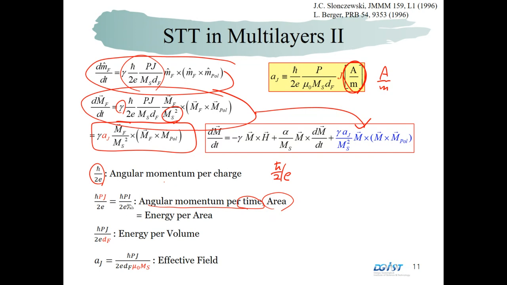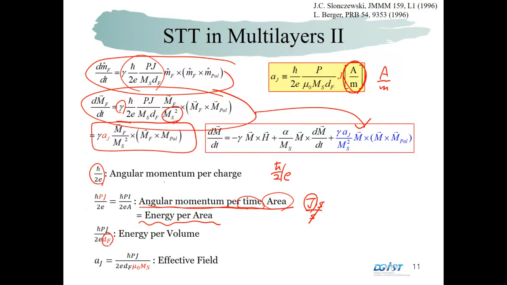So this representation is nothing but angular momentum per time and area. Okay. And also, in other words, angular momentum has units of J sec. So if we divide by sec again, then this is energy. So energy per area.